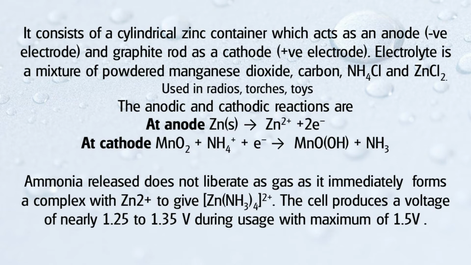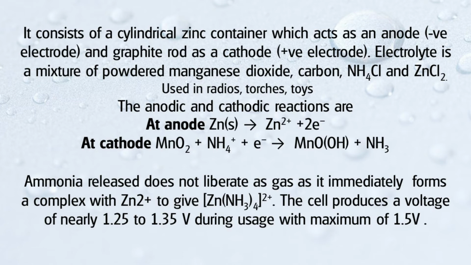Ammonia is released, but it is not liberated as a gas. It is immediately formed into a complex due to the presence of Zn2+. It provides an almost steady voltage from 1.25 to 1.35.